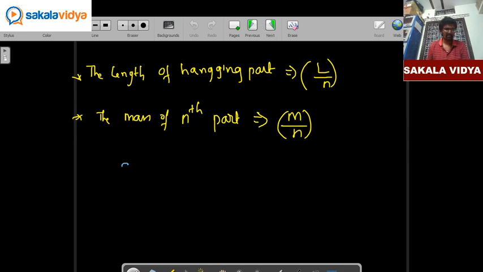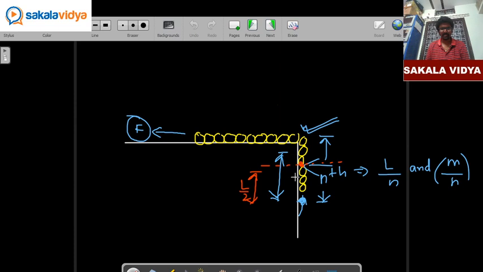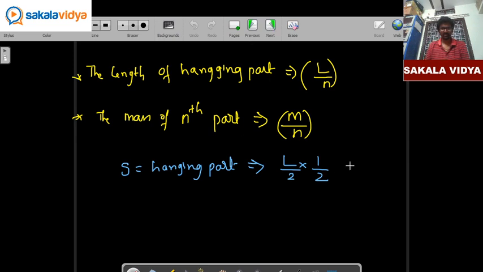The displacement made by the hanging part will be L by n into 1 by 2. Why? Because the CG acts exactly at the L by 2 distance, half of the distance.